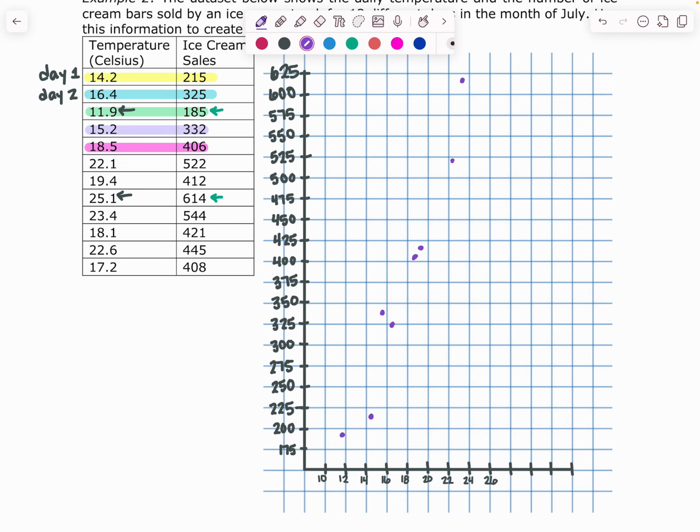23.4 and 544. Oh, I lost where I was. Oh, I just realized I did that last dot in the wrong spot. I will fix that. That one needs to be over here. There we go, I fixed it.